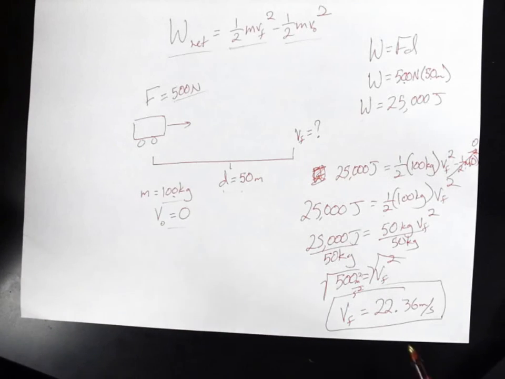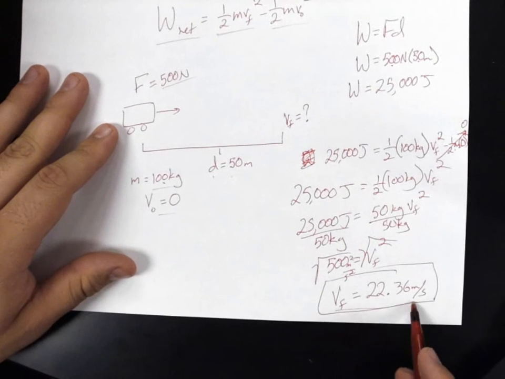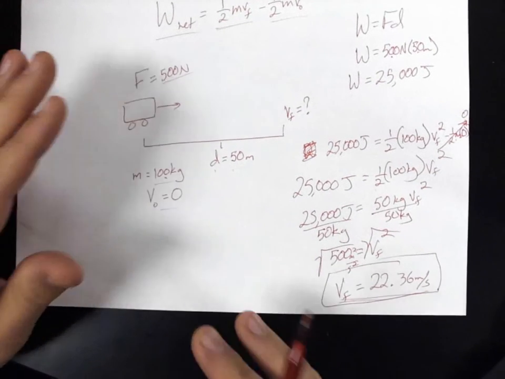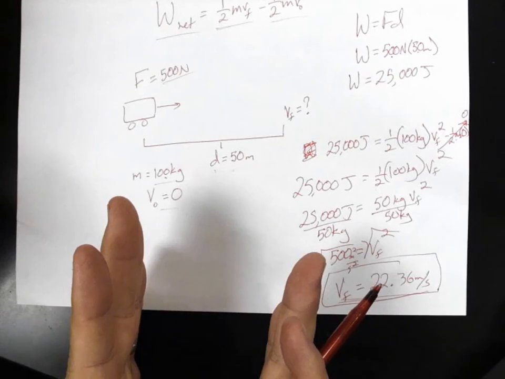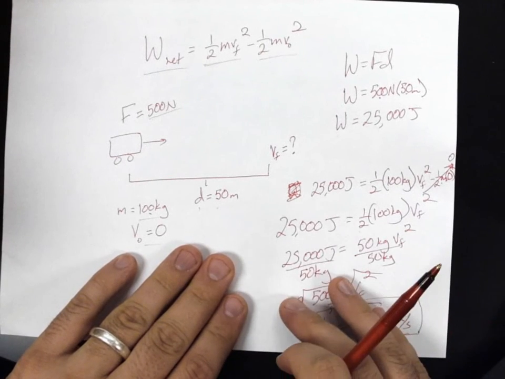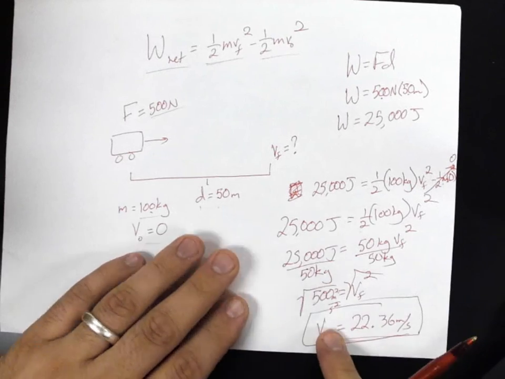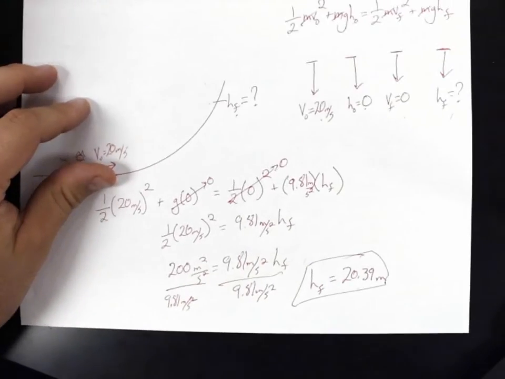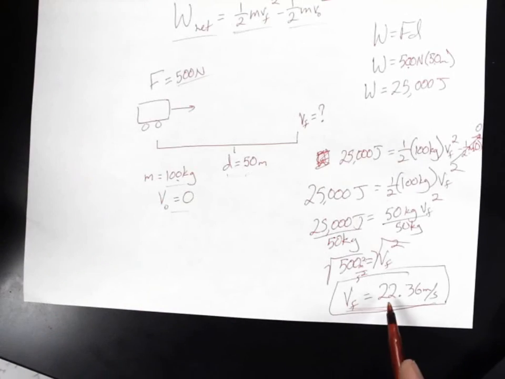Now, this is how you find how fast you're going at the end of a work problem. What you can do from there is apply this setup, this problem-solving tactic, to find the initial speed of something that is going to be moving at the bottom of a ramp. So you can apply the speed you just found to a new setup.